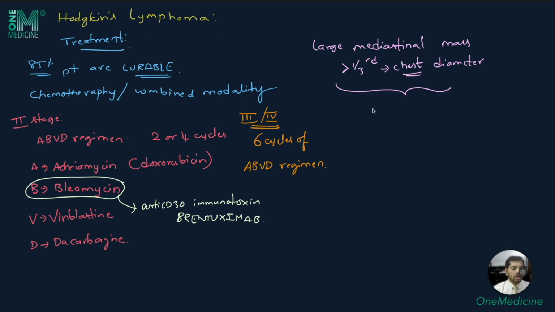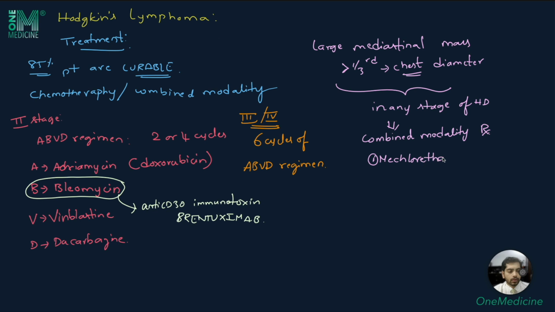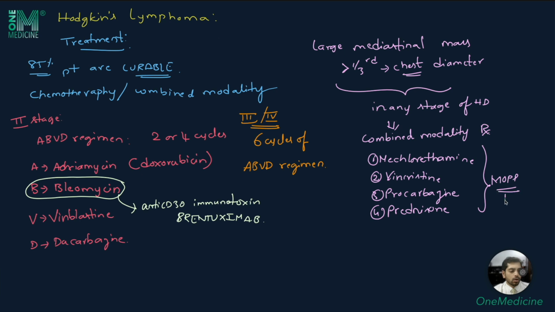If a large mediastinal mass is present in any stage of Hodgkin's disease, patient should receive a combined modality therapy with mechlorethamine, vincristine, procarbazine, and prednisone, called MOP therapy, along with ABVD regimen, and patient should subsequently receive mantle field radiation.